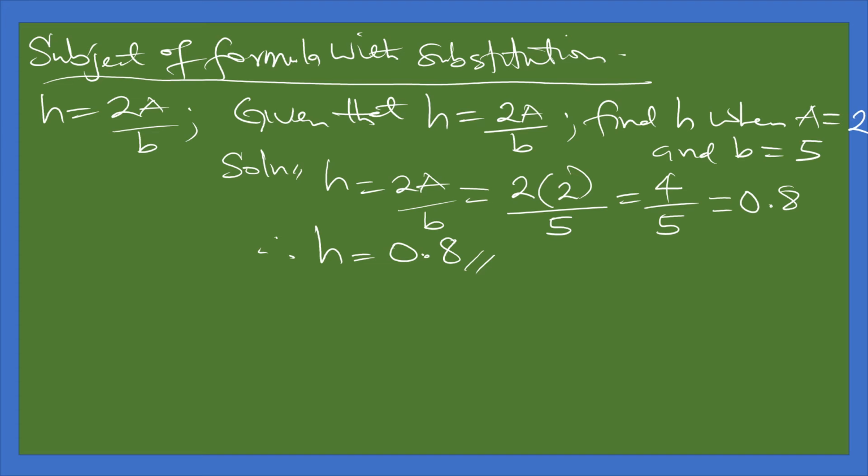We have T as equal to 2 pi square root of L over G. You're asked to make L the subject of the formula.